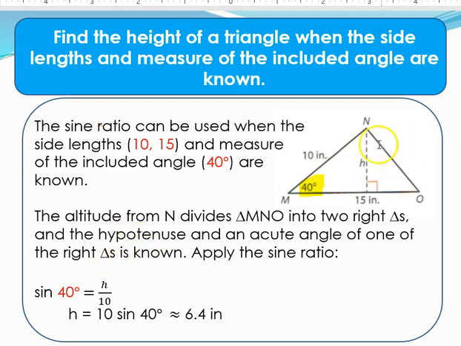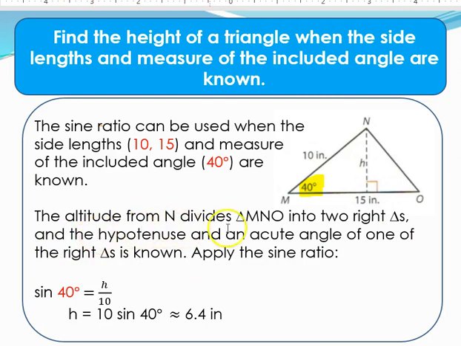The altitude from angle N divides triangle MNO into two right triangles. So we're familiar with this. We know how this works. Now these triangles are not congruent. They're just divided using the properties we know about altitudes with right triangles.